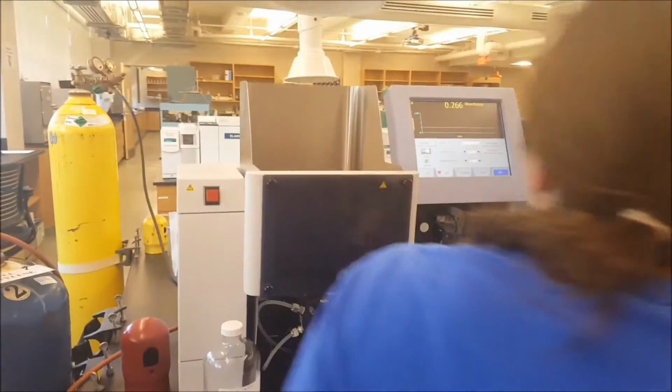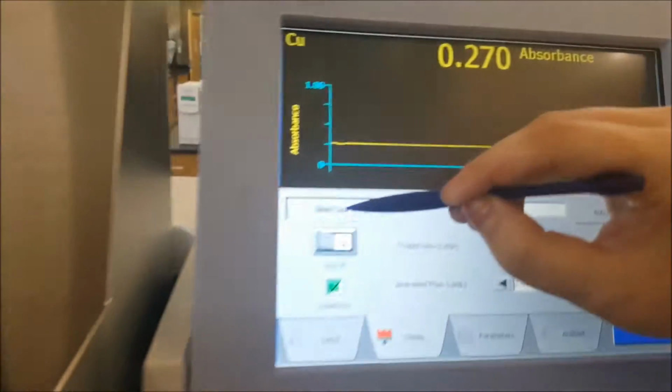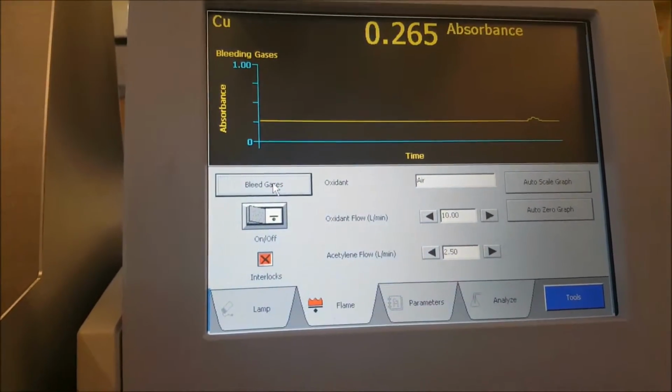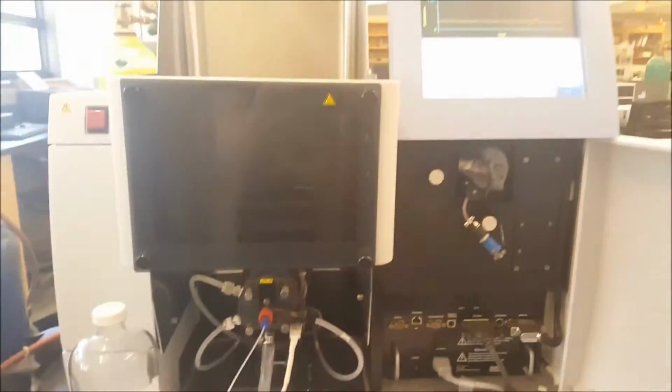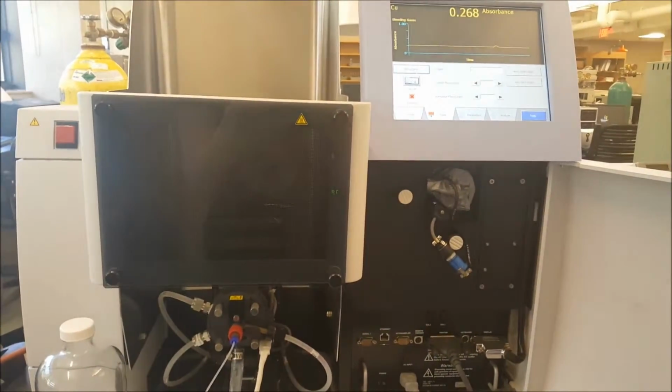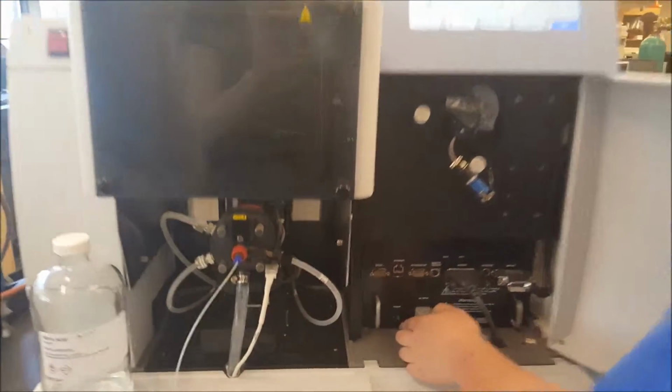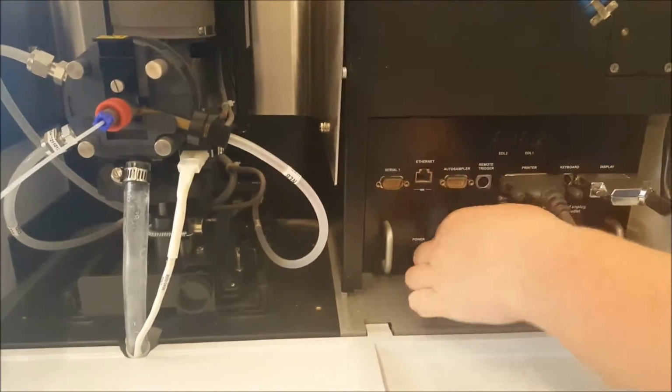Now, before we shut off the instrument, we're going to bleed gas. Okay, now we're just going to turn off the power after we bled our gas.